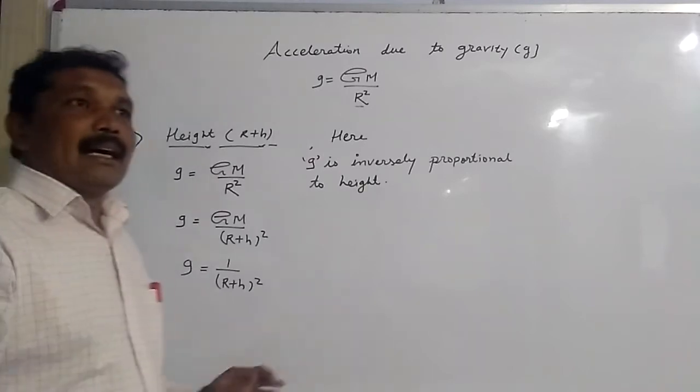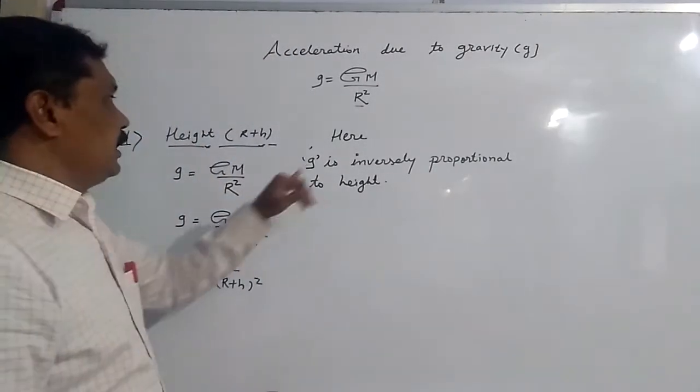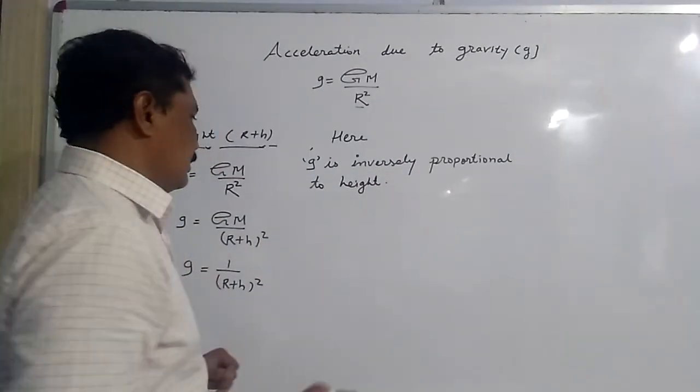From the formula itself, we can say that g is inversely proportional to the height.